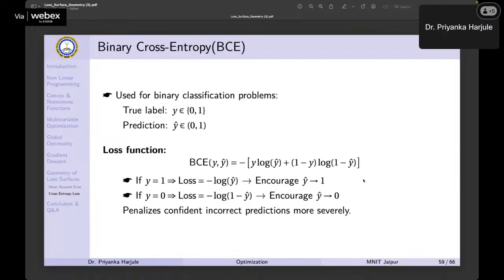If your label is 1, the loss will be negative log of y cap, which encourages y cap to belong to class 1. And if your label is 0, the loss will be such that it will encourage the predicted label to be 0.